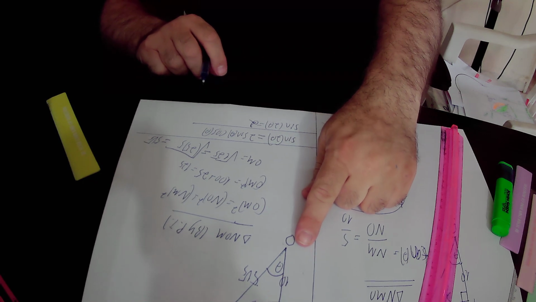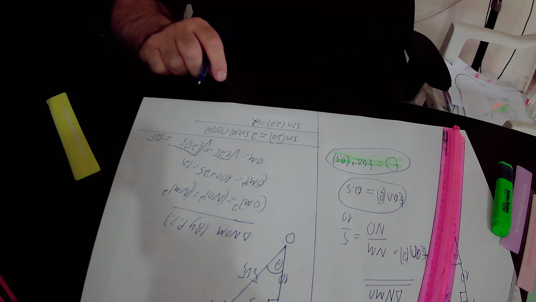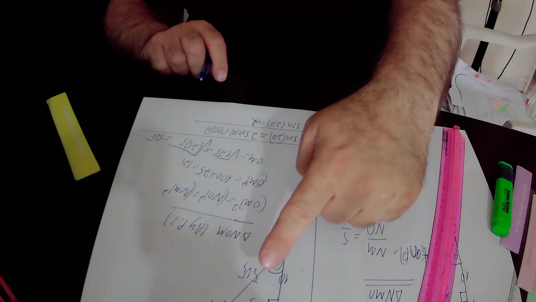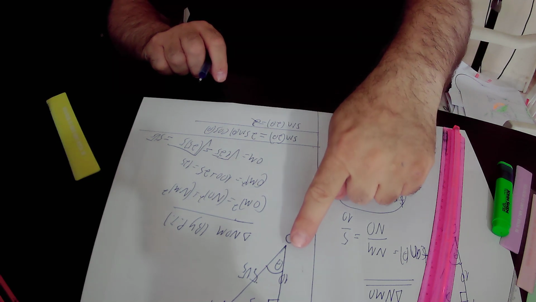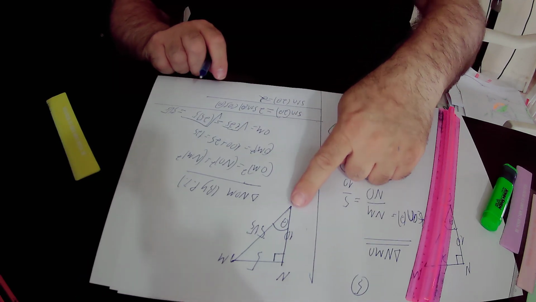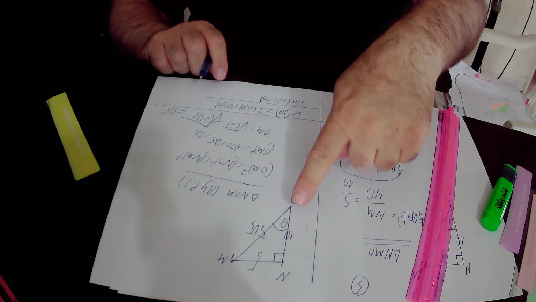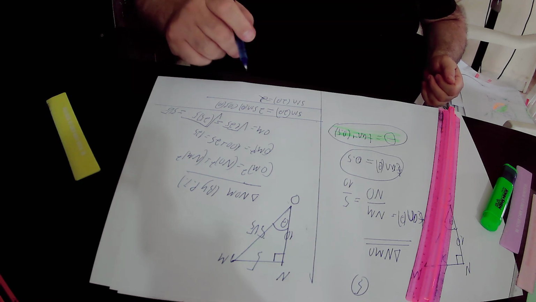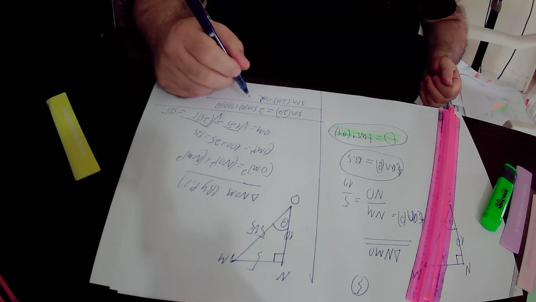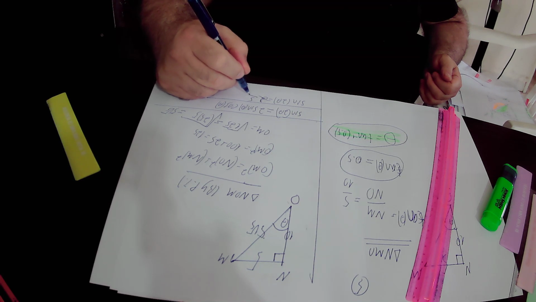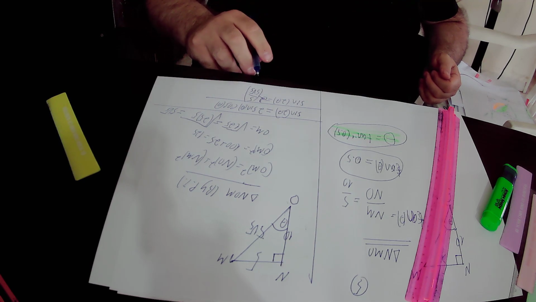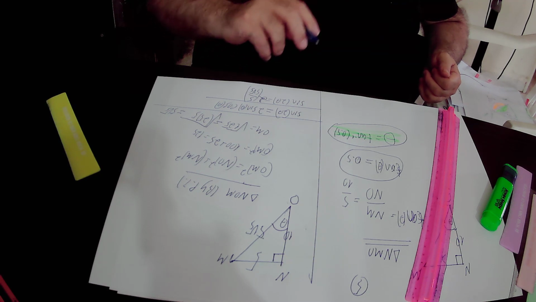What is the value of sine theta? From the triangle NOM, it is very easy to see that sine theta in the right triangle NOM equals NM over OM. That is, sine theta equals NM, that is 5, over OM. OM equals 5 times square root of 5. So sine theta equals 5 over 5 times square root of 5.